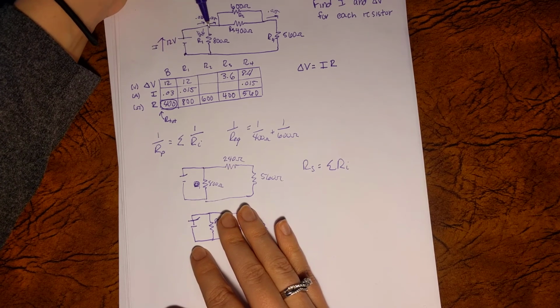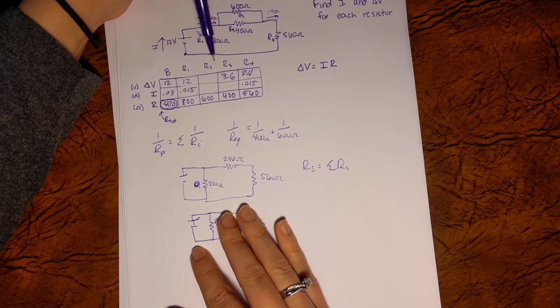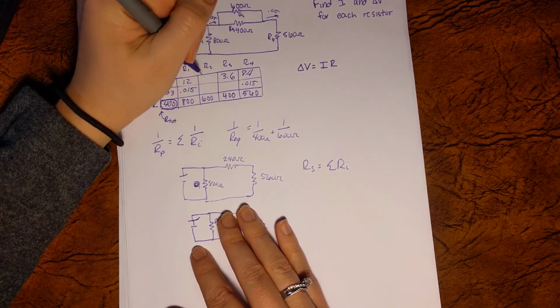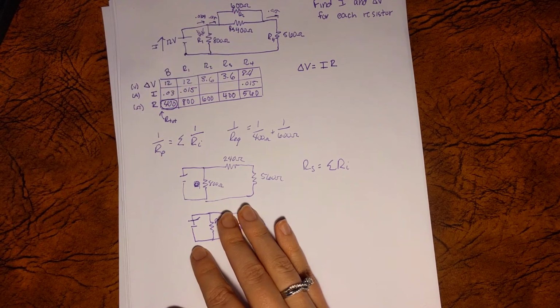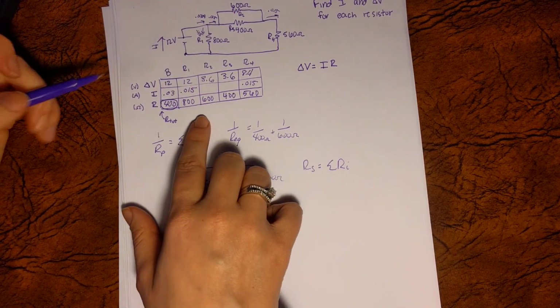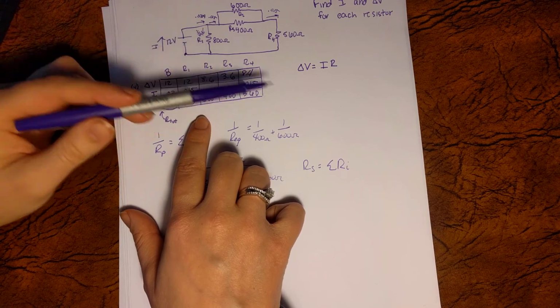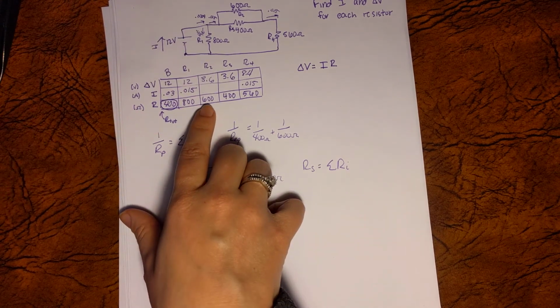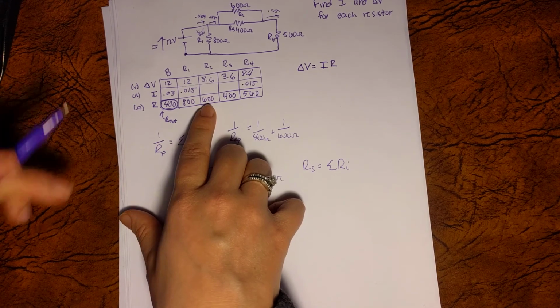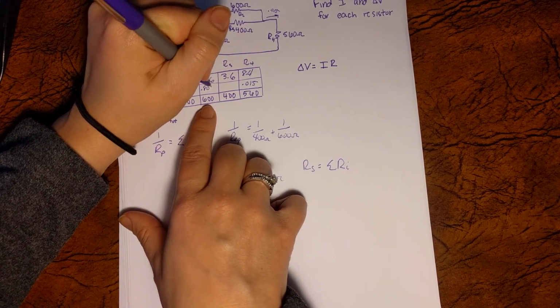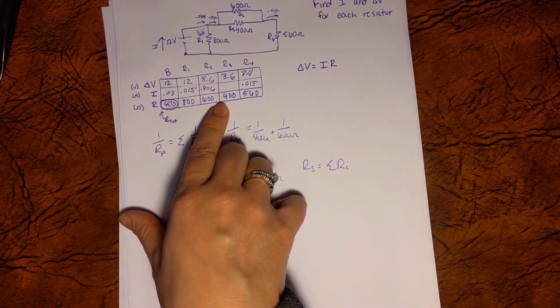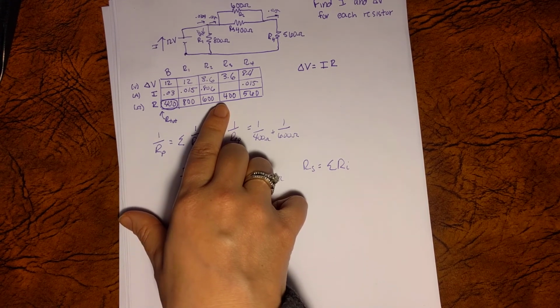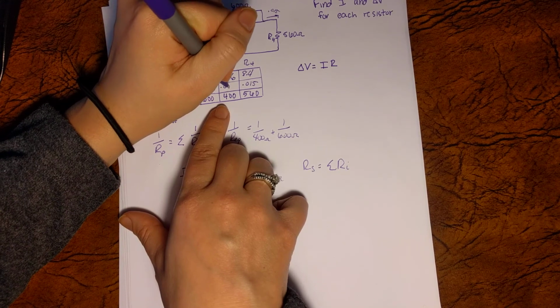We can do the same logic with the upward path, and see that we also have 3.6 volts up top. Now we can very simply take the voltage and divide by the resistance to get our current. So we have 3.6 divided by 600, giving us 0.006, and also 3.6 divided by 400, giving us 0.009.